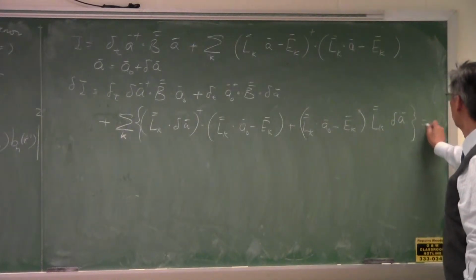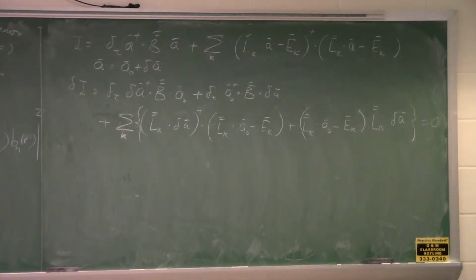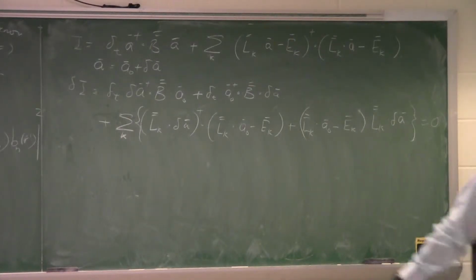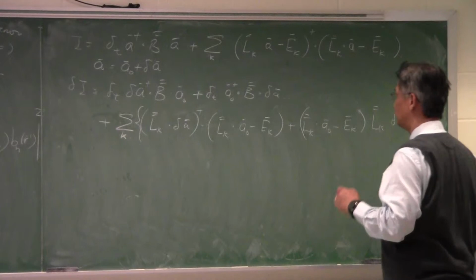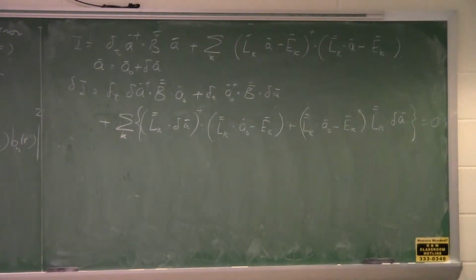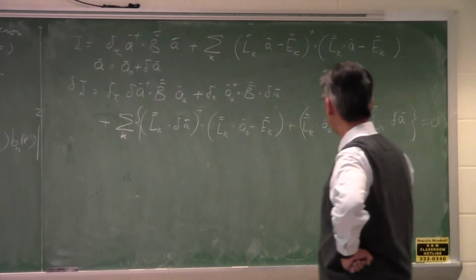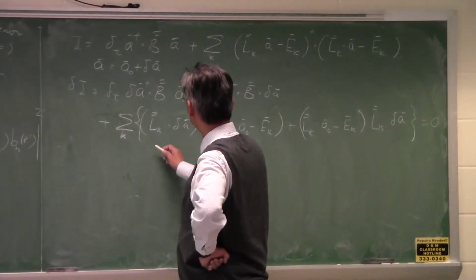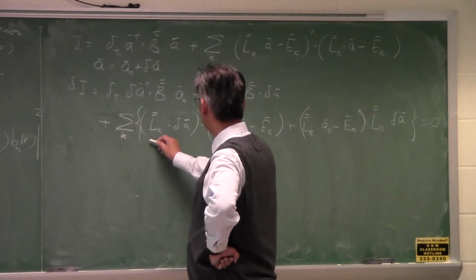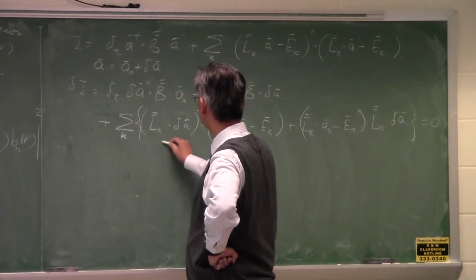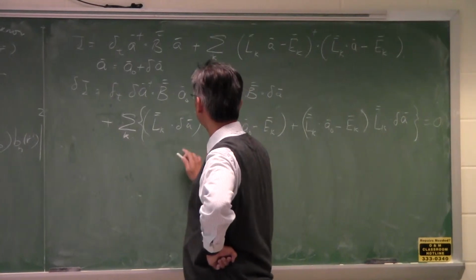Okay. And this one to be 0. If I have struck the optimum value, if A naught is the optimum value, this first variation should all be 0. I can see that it would be 0 if this is true. I can write this as the transpose.